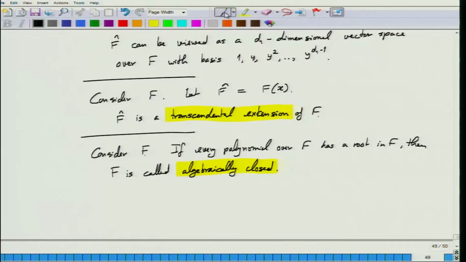So we have a field F where every polynomial over F has a root in F. Then such a field is called an algebraically closed field, because you cannot extend this anymore algebraically. You take any polynomial, it has a root in F; take that root out, and you get another polynomial of lower degree that will also have a root in it.